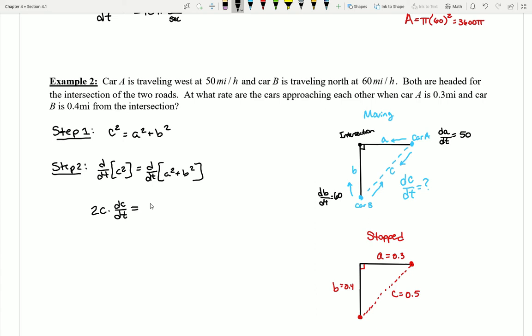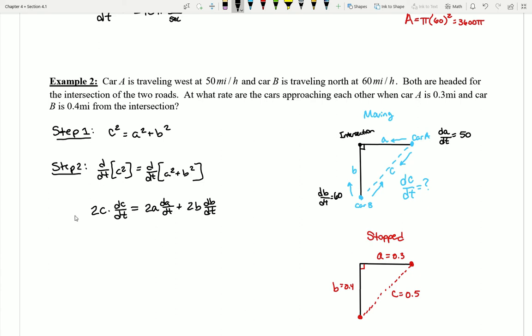On the other side, I'm going to get the same thing, 2 stuff to the first times the derivative of the stuff. And then 2 stuff to the first times the derivative of the stuff. Notice that since none of the variables in here are t's, I have to use the chain rule to calculate the derivative for all of these things.